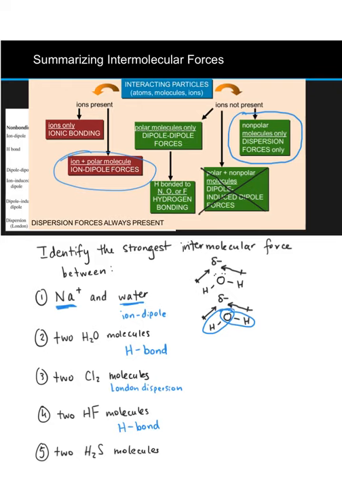In our final example, if we think about two hydrogen sulfide molecules, H2S, we can consider a structure very similar to that of water. In hydrogen sulfide, we have, once more, a highly electronegative atom at the center, resulting in regions of partial positive and partial negative charge.